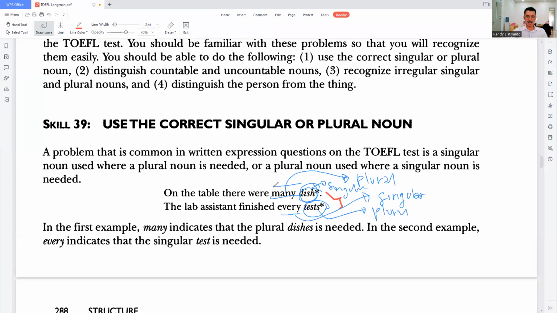In the first example, many indicates that the plural teachers is needed. In the second example, every indicates that the singular task is needed.